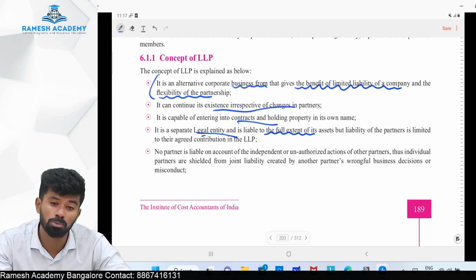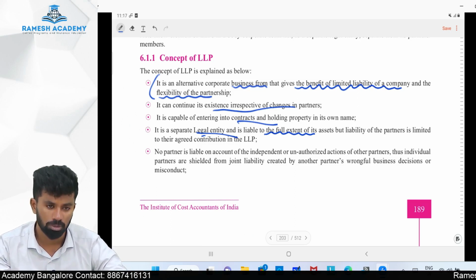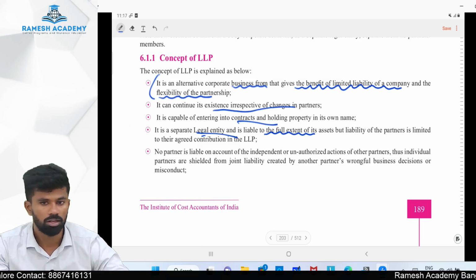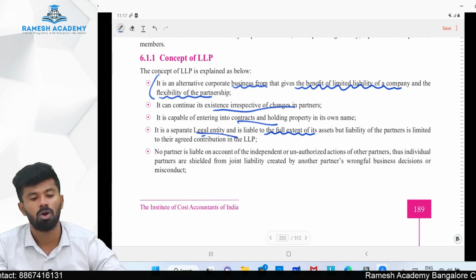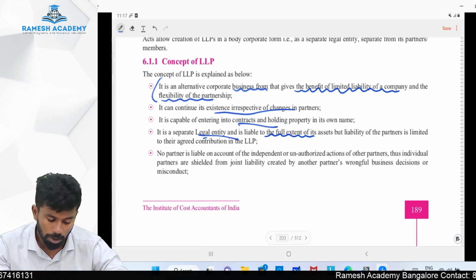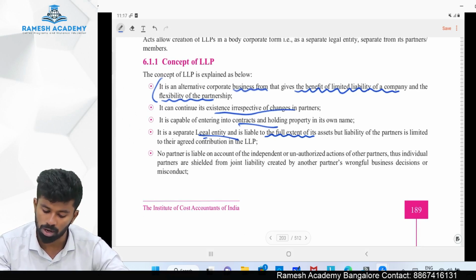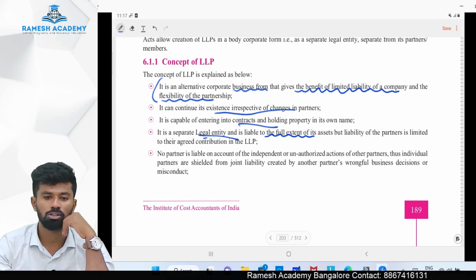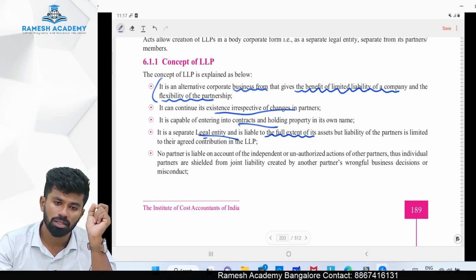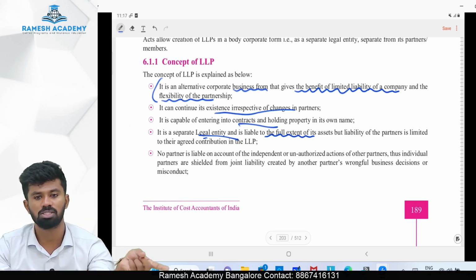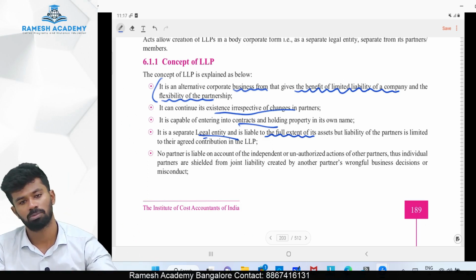Now, what is contribution, sir? Contribution is nothing but the capital. So in case of LLP, it is called contribution. No partner is liable on account of independent or unauthorized actions of other partners. In case of partnership firm, there is a mutual agency relationship, meaning for the act of one partner, the other partner is also responsible.